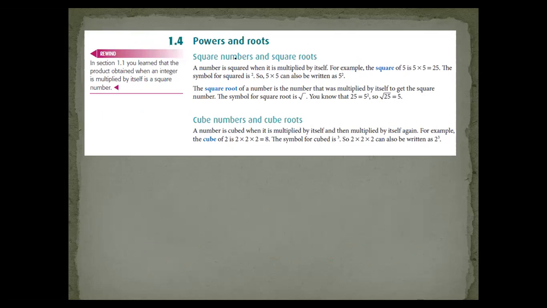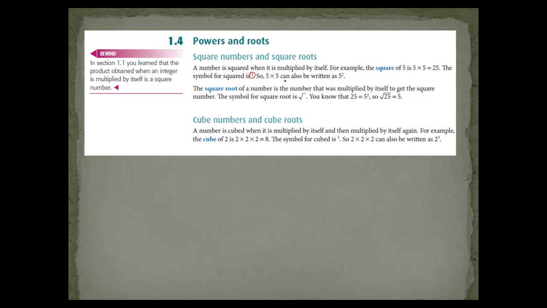What about powers and roots? Square numbers and square roots. A number is squared when it's multiplied by itself. For example, the square of 5 is 5 times 5, which is equal to 25. And the inverse of this operation is the square root. The symbol for square is the small 2.